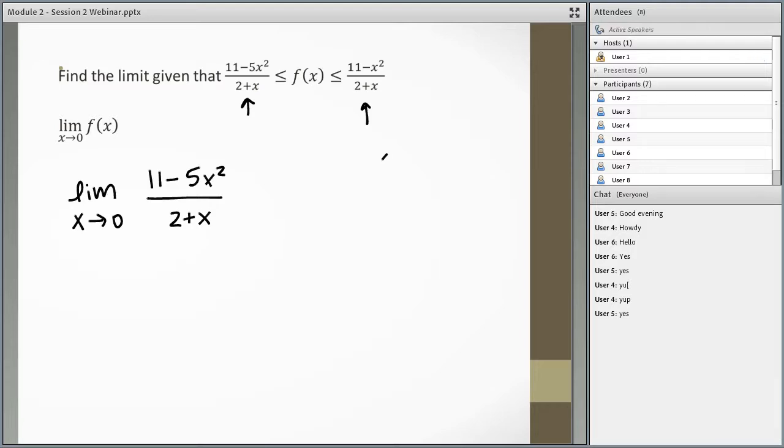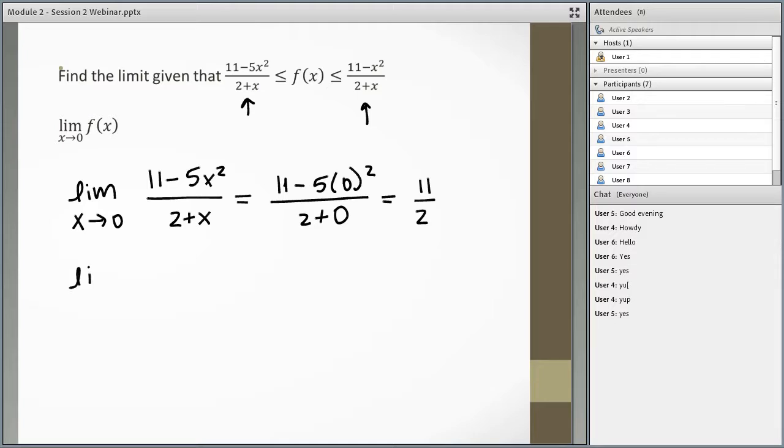The only place we'd have any issues is at x equals -2, and we're not taking the limit as x approaches -2. So we can do a direct substitution. So I have (11 minus 5 times 0 squared) over (2 plus 0). So I get 11 over 2.